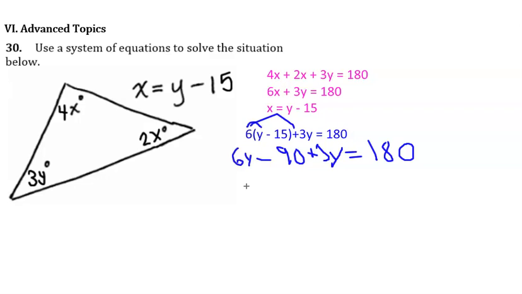From there, we'll combine like terms. 6y plus 3y is 9y minus 90 equals 180. Add 90 to each expression, both sides.